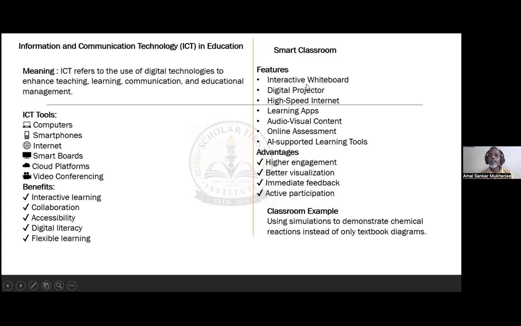There is an interactive whiteboard or the smart board, a digital projector, high-speed internet, learning apps, which you can see also the learning management system apps, audio-visual content, online assessment, AI-supported learning tools. These are the features. If these features are there in a classroom for conducting a teaching learning process, then it will be considered as a smart classroom.